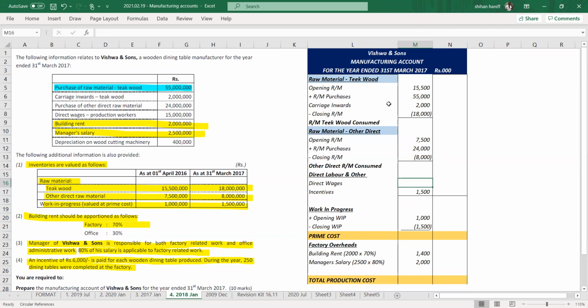Direct wages 15,000. Depreciation on wood cutting machine. Then we will calculate the total values.